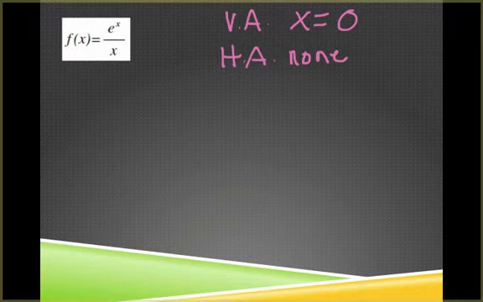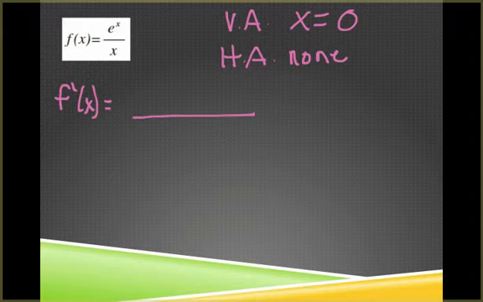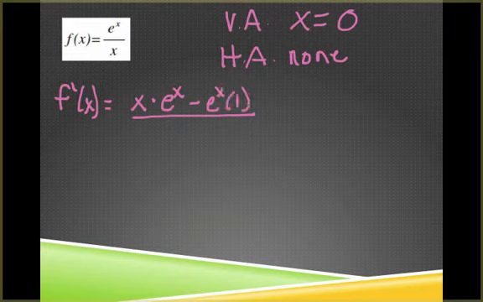So now we're going to go ahead and work with our derivative. If I find f prime of x, we have a rational expression, so we're going to have to use our quotient rule. We would have the bottom times the derivative of the top minus the top times the derivative of the bottom over the denominator squared.